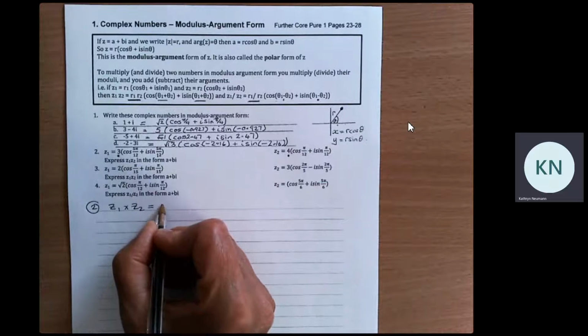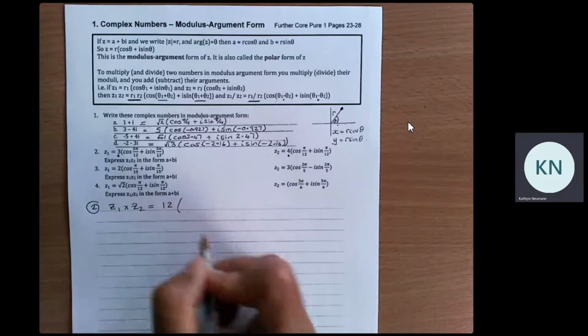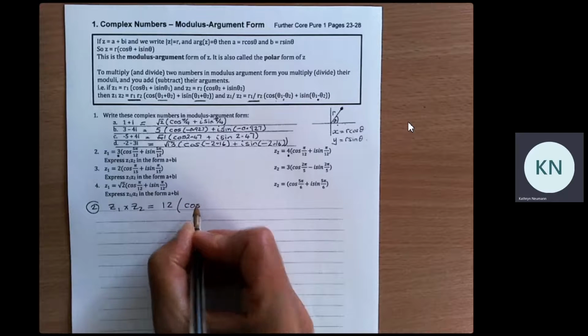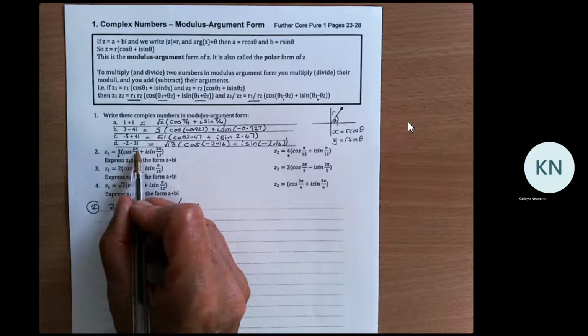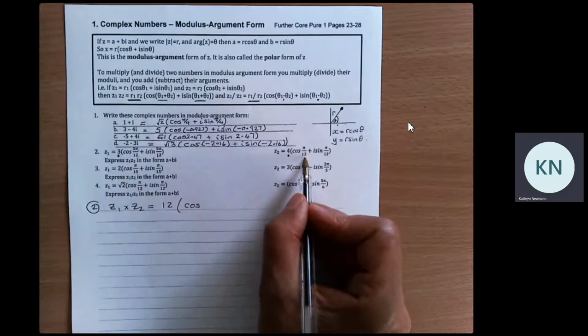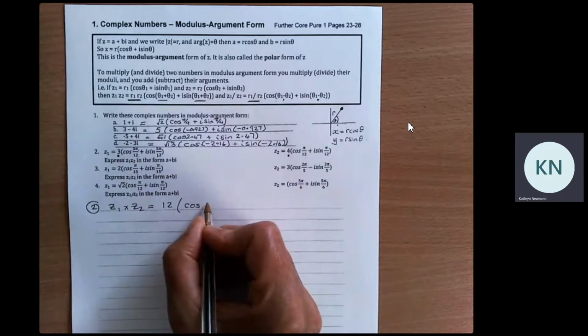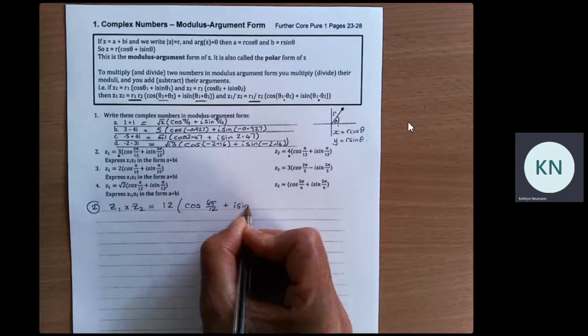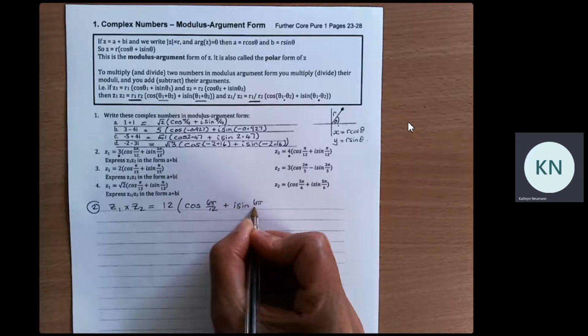So 3 times 4 is 12. And then I'm going to add the arguments. So I've got 5 pi over 12 and pi over 12, so that's going to be 6 pi over 12 in the cos, plus i sin of 6 pi over 12.